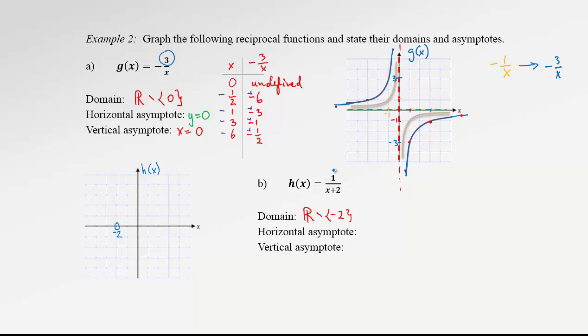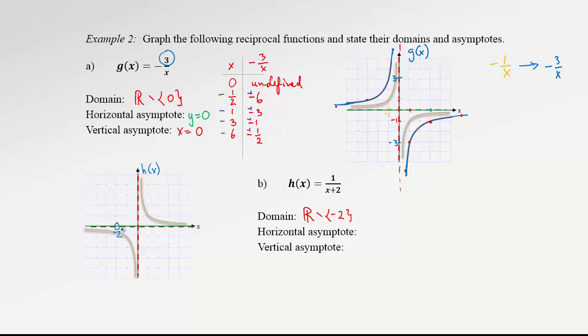Since this formula is very similar to 1 over x, we should suspect that our graph will have a similar shape. However, it has to be moved somewhere. So maybe at first let's check some points that belong to the graph and then observe how this graph relates to the basic reciprocal function.